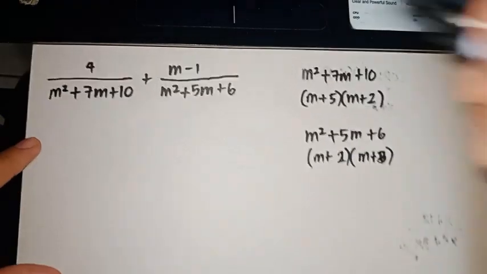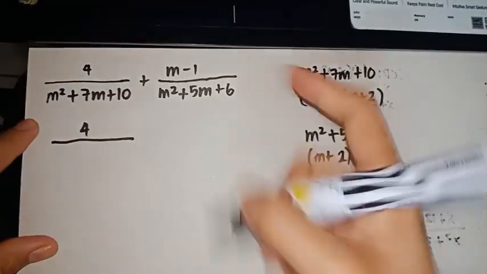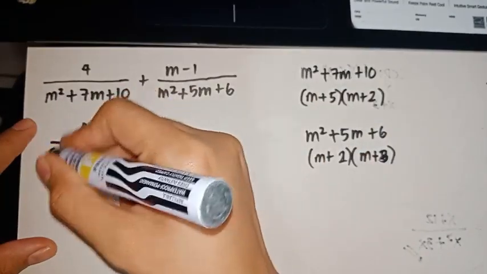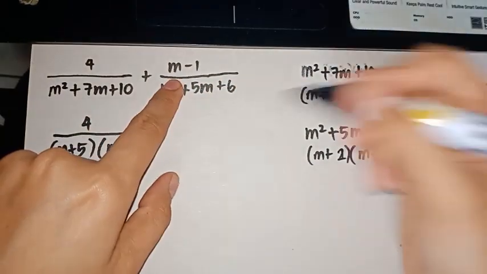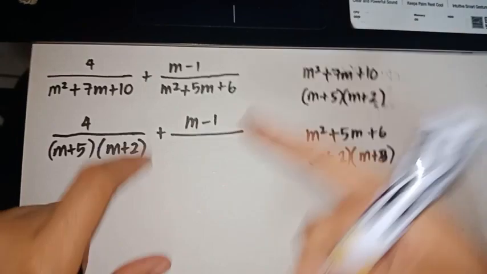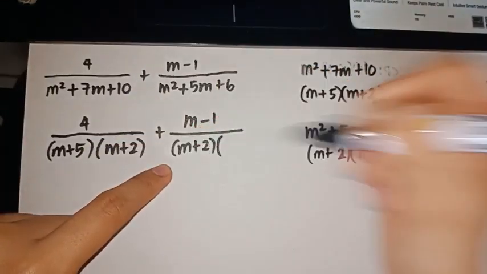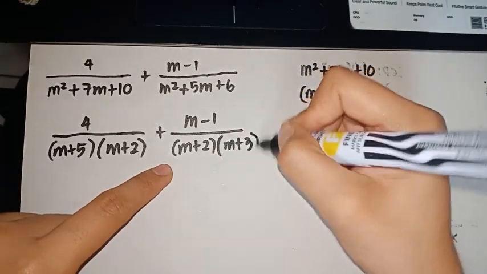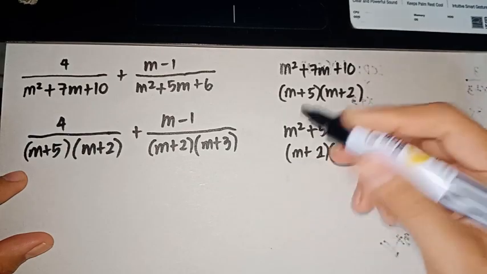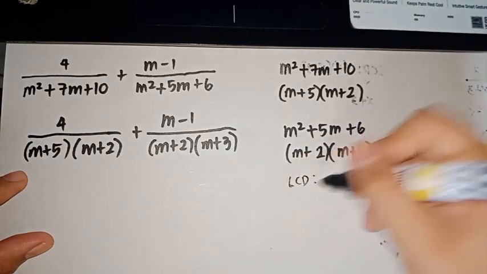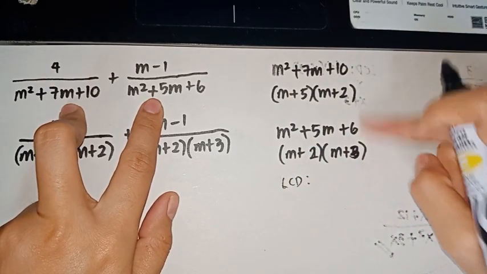So this is 4 all over the factors m plus 5 times m plus 2, plus we have m minus 1 over the factors of this, m plus 2 and m plus 3. Now, going back to our problem, we do not have an LCD since our denominators are too complex. That's why we get the factors.